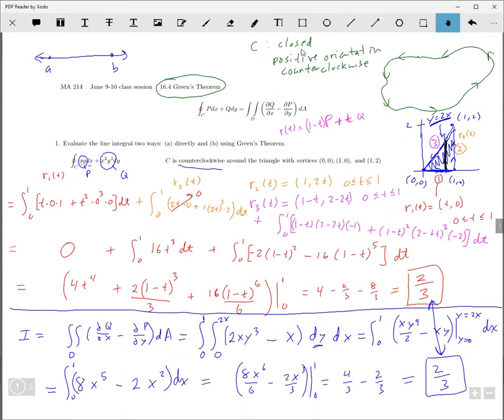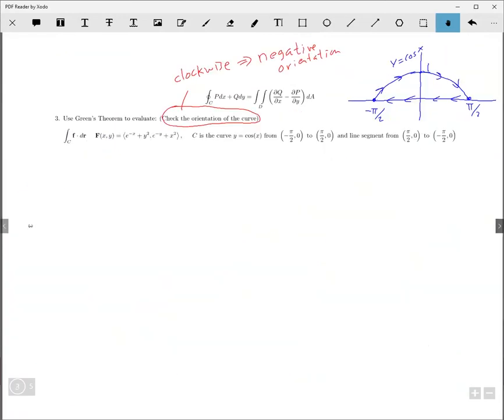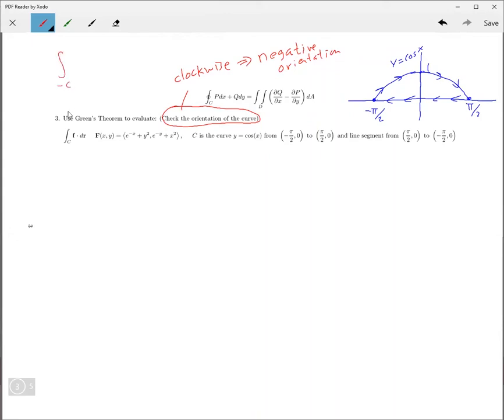So I said Green's theorem applies when you have a positive orientation, which is counterclockwise, but it doesn't really matter, you can still apply Green's theorem. Essentially, if you have a negatively oriented curve, that's equal to the negative of it as if it was positively oriented.